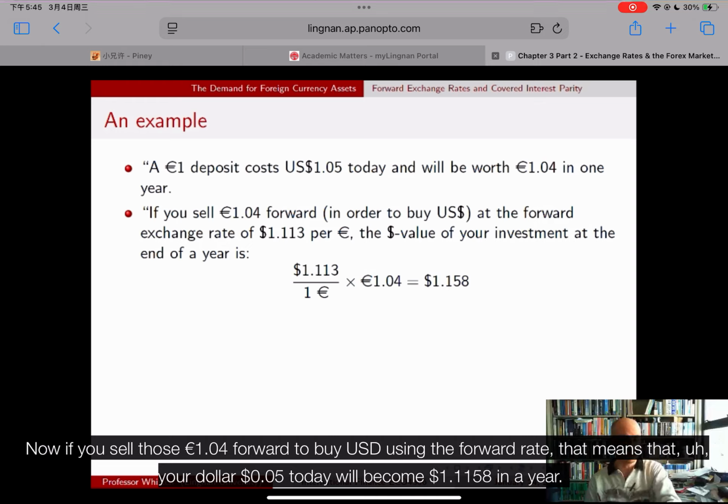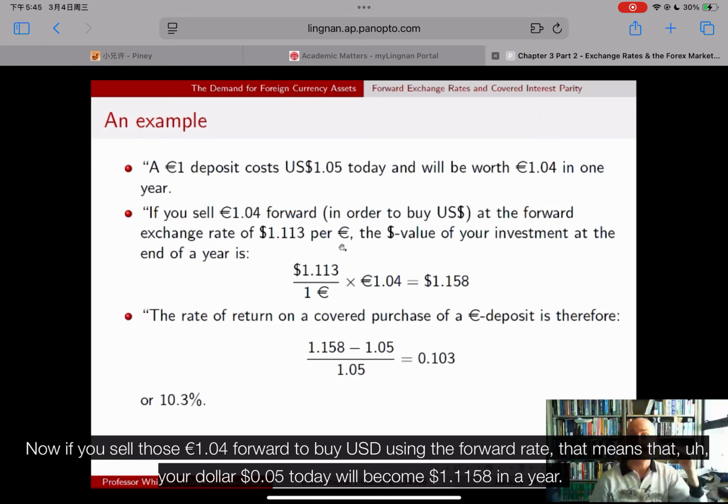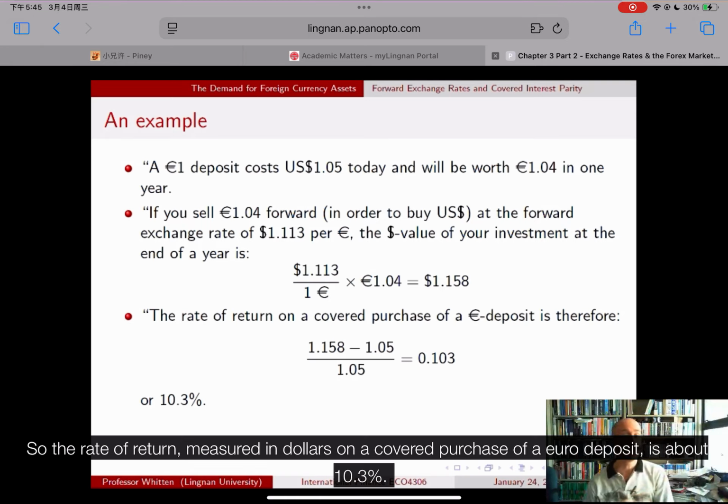Now, if you sell those 1.04 euros forward to buy USD, using the forward rate, that means that your $1.05 today will become $1.1158 in a year.